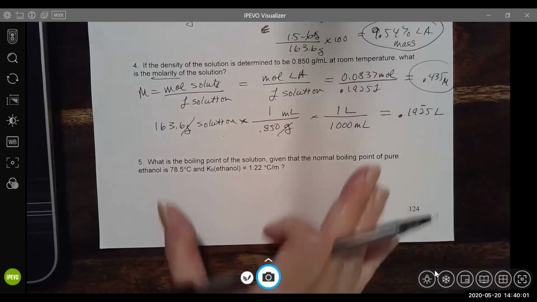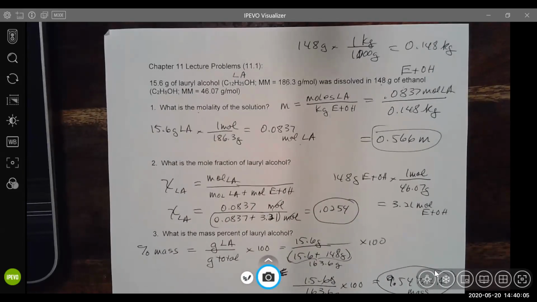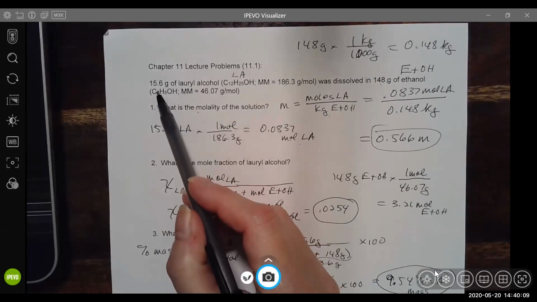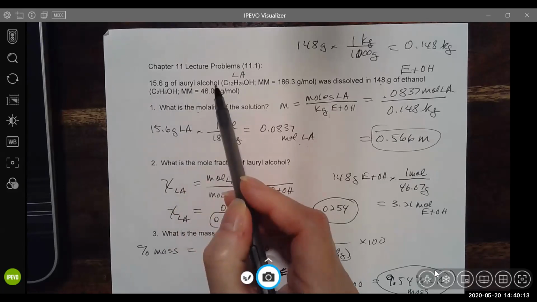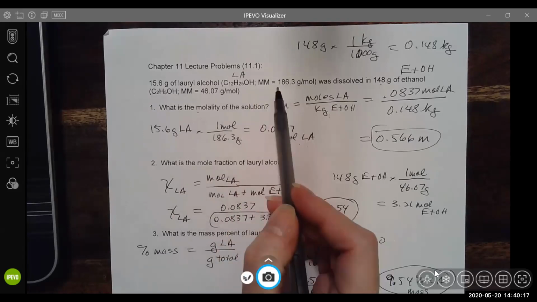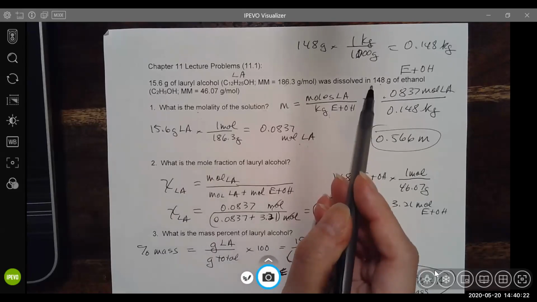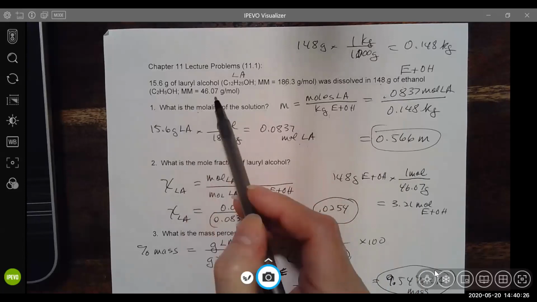I did these calculations in the first video. As a quick review, we had a solution, and it was 15.6 grams of lauryl alcohol, and we decided to call it LA. This is its molar mass, and it has been dissolved in 148 grams of the solvent ethanol, and this is ethanol's molar mass.